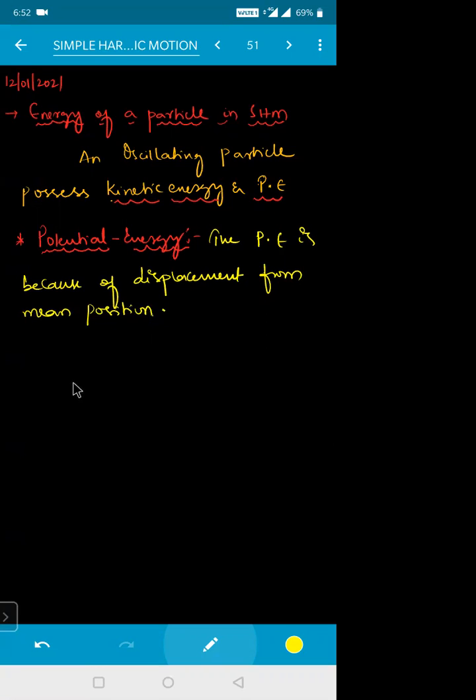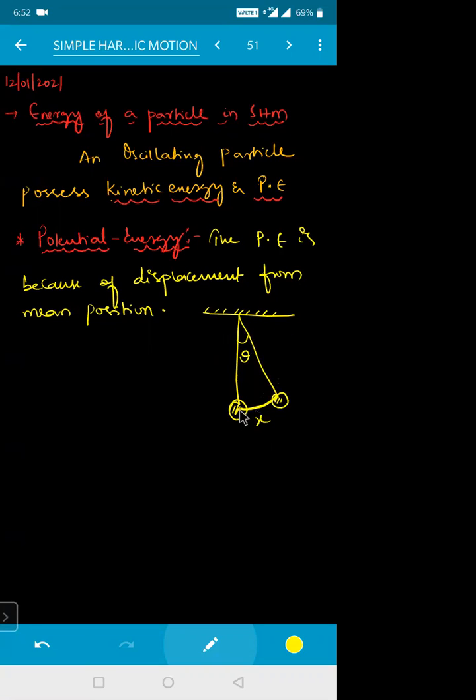So the particle is at a displacement x from the mean position. Like for example, if this is your particle which is oscillating, like in a simple pendulum, this is your mean position. I'm going from mean position to some extreme position, from here to here, making an angle theta.